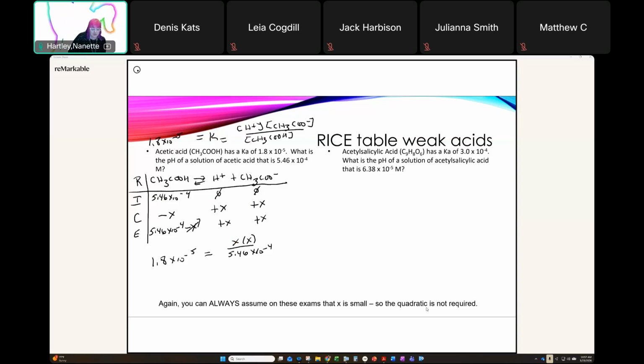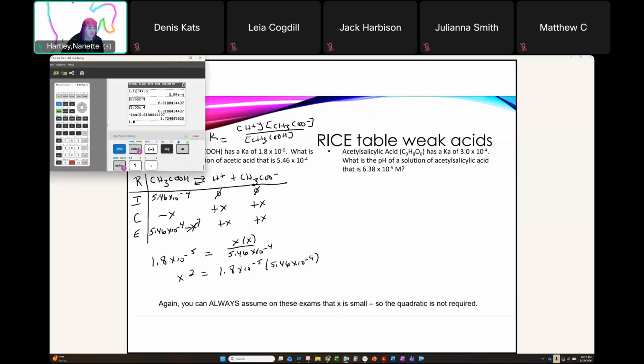Okay, so this is where I can start to solve. Now I know that X squared is going to be equal to 1.8 times 10 to the minus fifth times 5.46 times 10 to the minus fourth, multiplying both sides of the equation by this value. I can then do some math with that. So I take 1.8 E negative 5 times 5.46 E negative 4, and that's equal to this value right here.